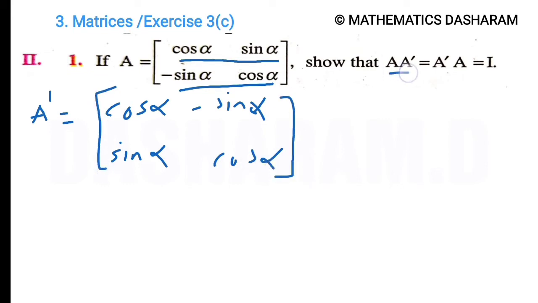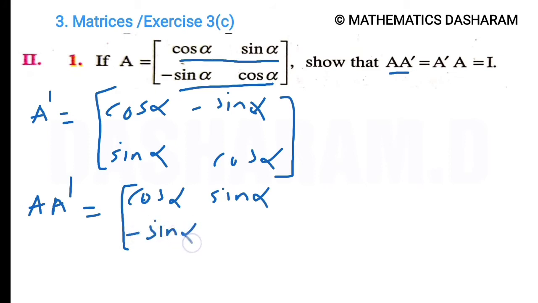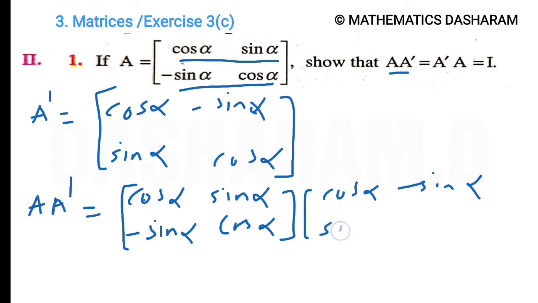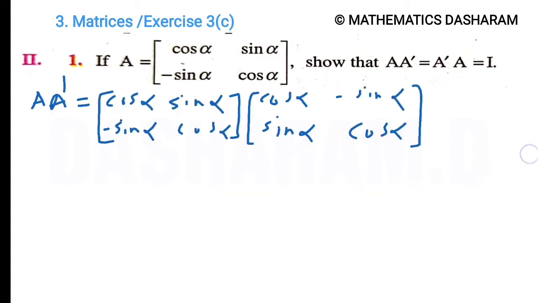Now let's find A into A dash. So A into A dash equals cos alpha, sin alpha, minus sin alpha, cos alpha, into cos alpha, minus sin alpha, sin alpha, cos alpha. Let's multiply these two now.